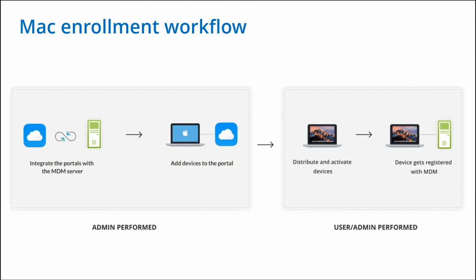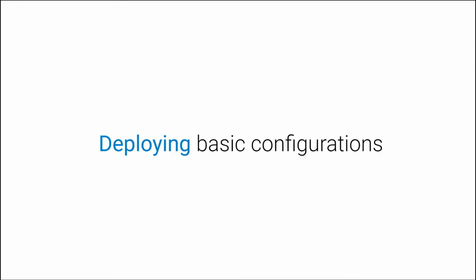Once the devices are activated, they would automatically be registered with the MDM solution itself. So that is pretty much it. You can just go for the regular integration, and turning on your device would automatically enroll the devices with your MDM solution.